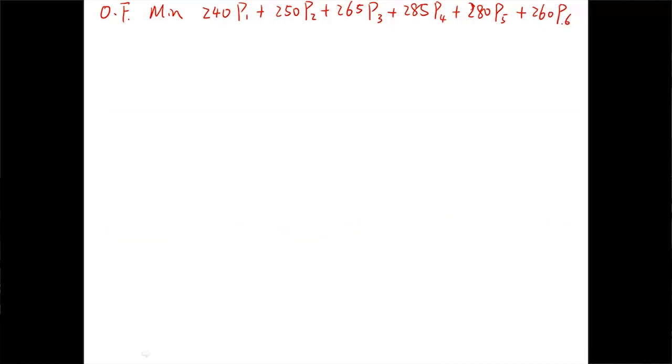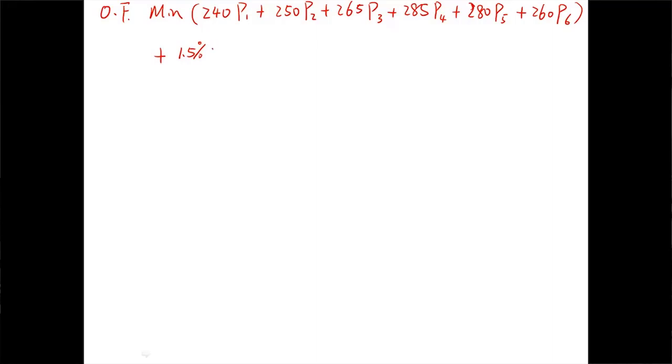That's the production cost part. I'll put them in parentheses to differentiate. Plus, because the inventory cost is just 1.5% of the unit cost, I'll put this 1.5% outside of this big parenthesis, so I don't have to write it for every month.